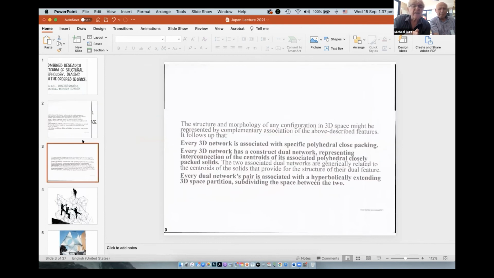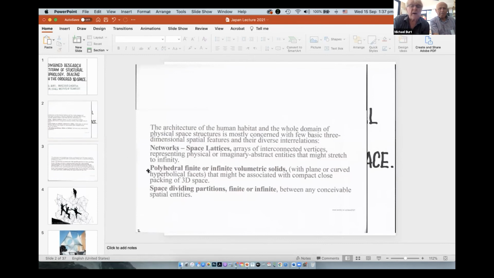Polyhedral finite or infinite volumetric solids. We are living with them from the time of our birth, with plane or curved hyperbolical facets that might be associated with compact close packing of 3D space, and space dividing partitions, finite or infinite, between any conceivable spatial entities.